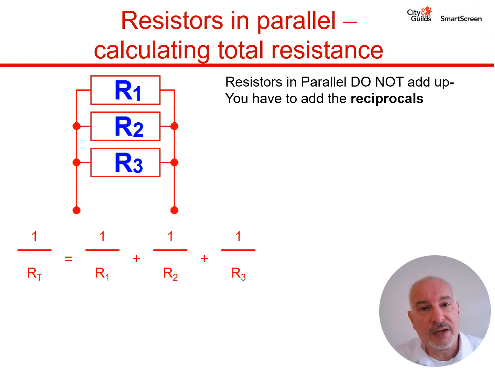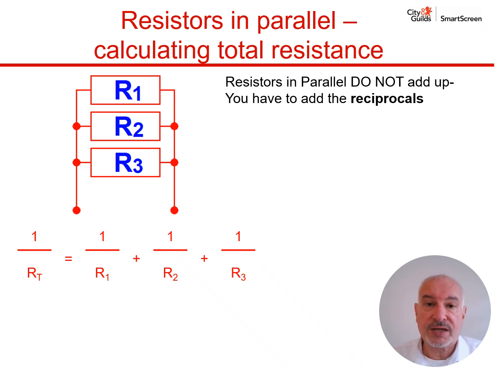So we have a formula, and it's always good to write your formula down to start with. And it's this: 1 over RT equals 1 over R1 plus 1 over R2 plus 1 over R3. And if there were more resistors connected in parallel, you just keep adding the reciprocals on one after the other.